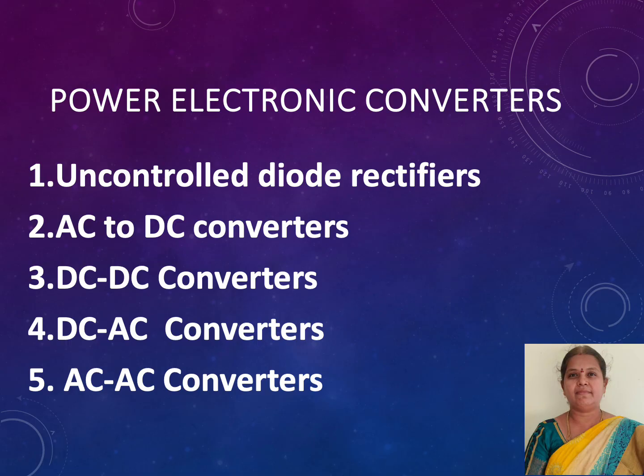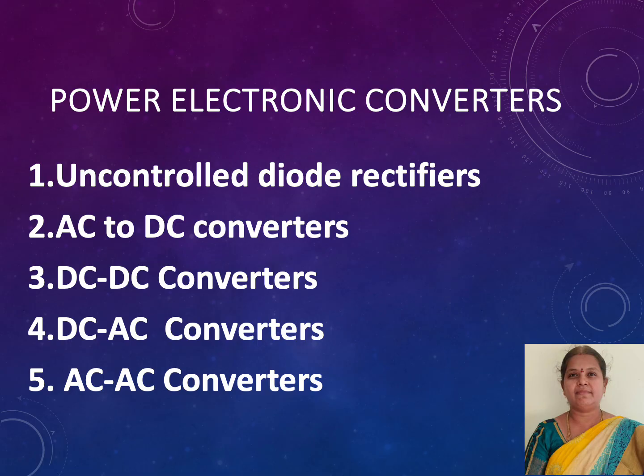Uncontrolled means we will be using diodes, so we call them uncontrolled diode rectifiers. And when we use SCRs as switches, it is called a controlled converter. Here there are different types like fully controlled converter, semi converters, half controlled converters. The operations we will be discussing later.